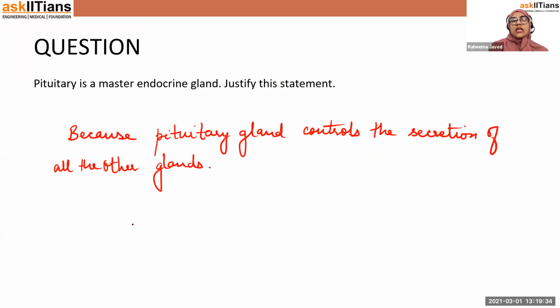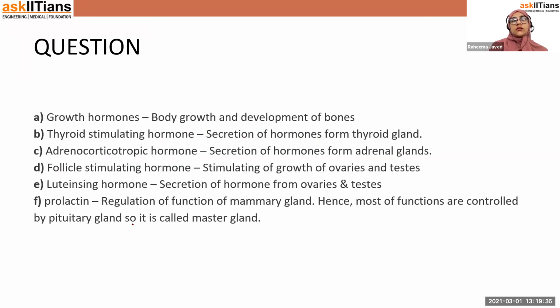Next question. I have given here for your reference some of the hormones which the pituitary gland controls: growth hormone, thyroid stimulating hormone, adrenocorticotropic hormone, follicle stimulating hormone, luteinizing hormone, prolactin.